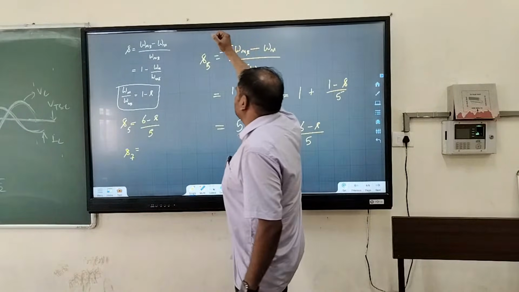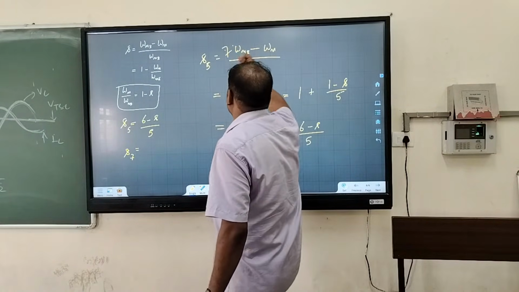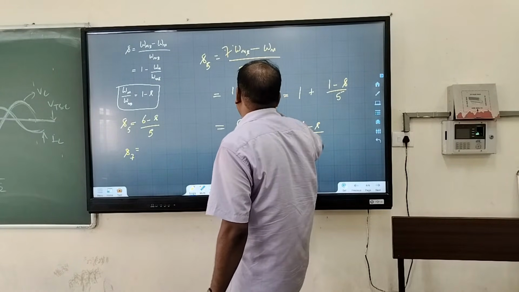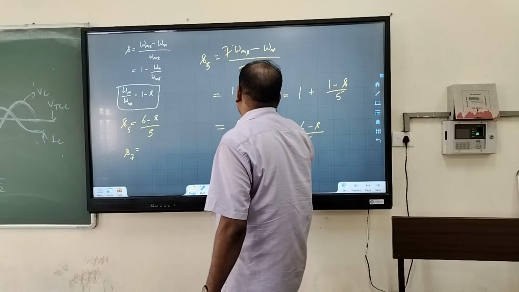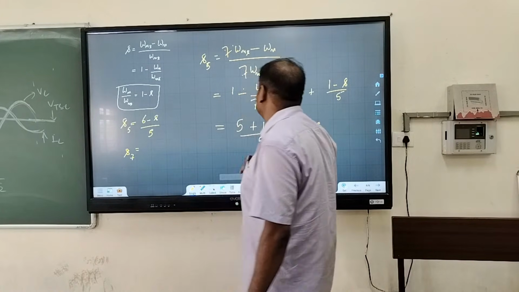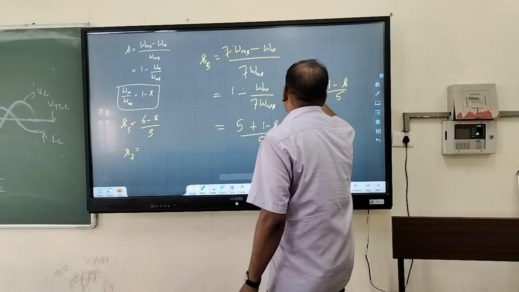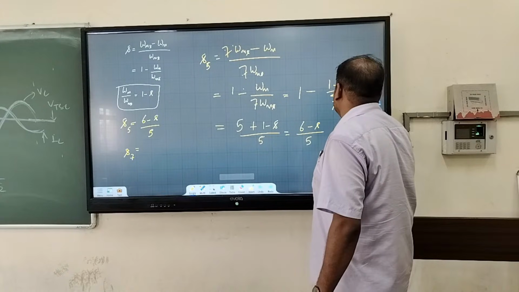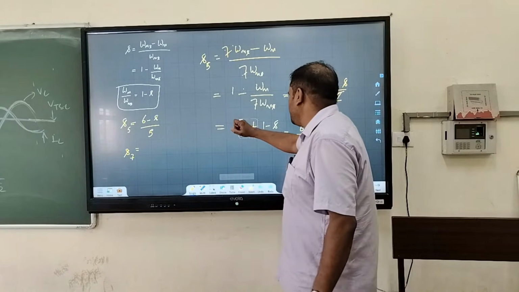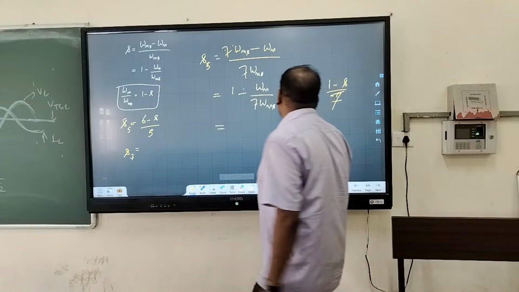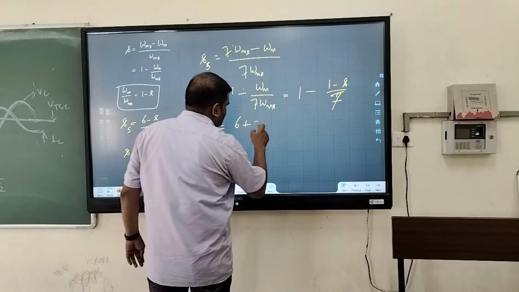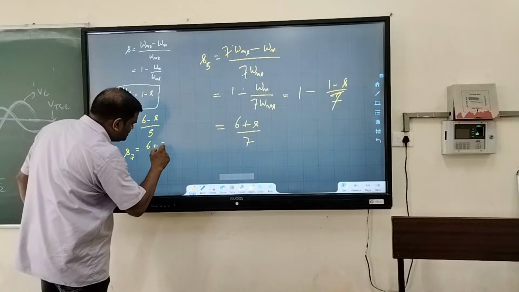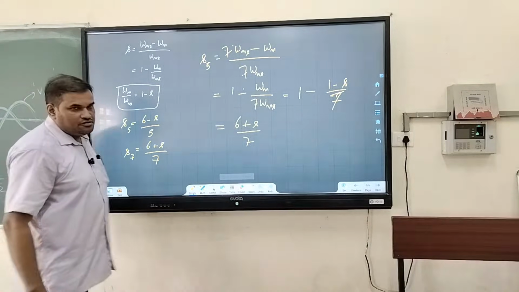Instead of 5, it will be 7, here also it will be 7. So it will be 1 plus omega m by 7 omega ms, and instead of plus it will be minus. This is 1 minus s, multiplied with 7. So instead of 5, it is 6 plus s by 7. Very good. S7 is equal to 6 plus s by 7.